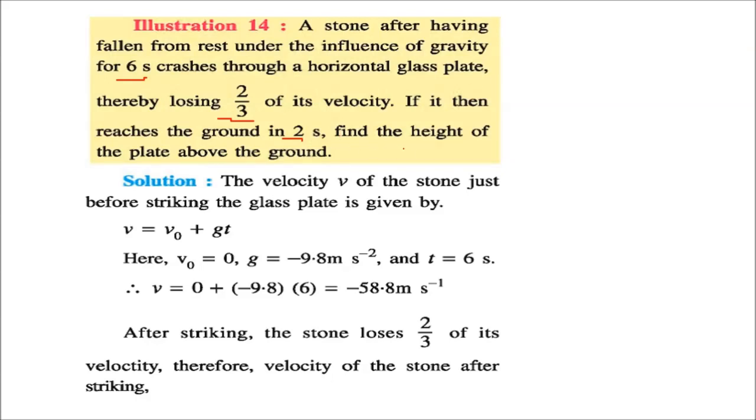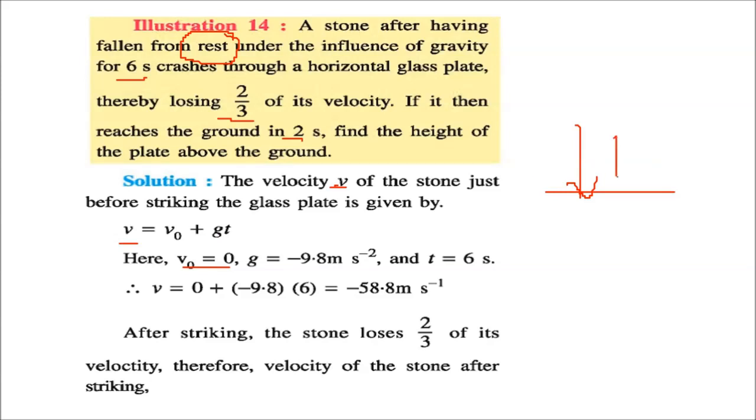So what is there? The velocity v of the stone just before it strikes the glass plate, if we take it as v, then the initial velocity is 0, because the stone is at rest when it is dropped, and the final velocity we assume to be v.